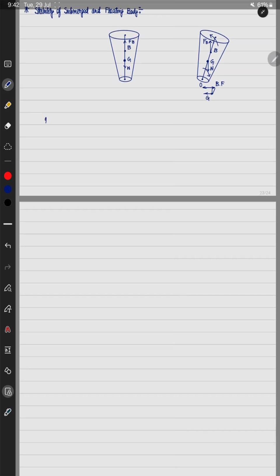If B, the center of buoyancy at which the buoyant force is acting, is above G, which is the center of gravity, then stable equilibrium.